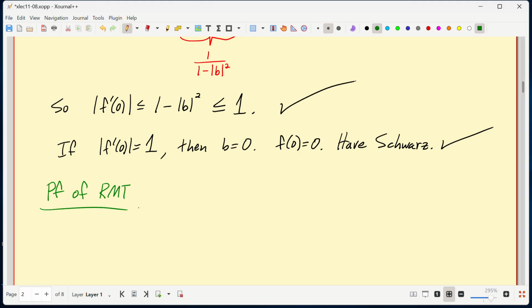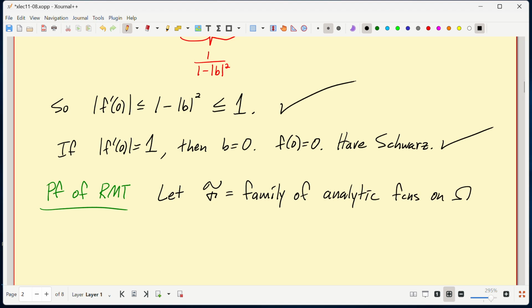Drum roll. So I'm going to let script F be the family of holomorphic, analytic, I guess I say in this class, the family of analytic functions on omega mapping. The important thing here is one-to-one.